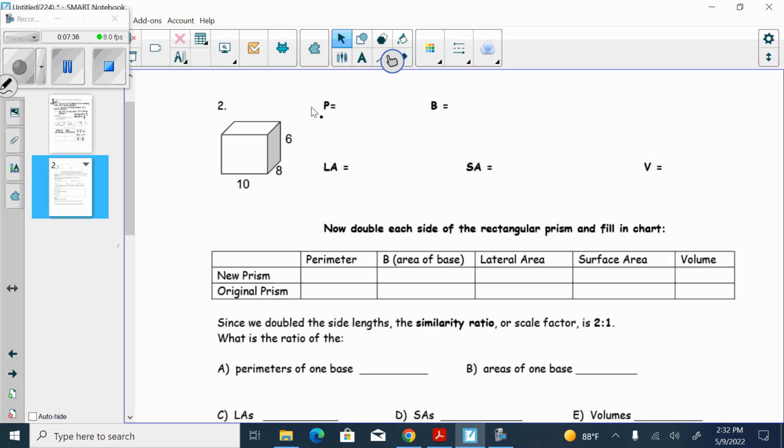Perimeter of the what? Base. So that would be the perimeter of this shaded one over here. So what would be the perimeter of that? 28. Very good. Okay? And B, what does capital B mean they want? Area of the base, and what's the area of that shaded side there? 48.